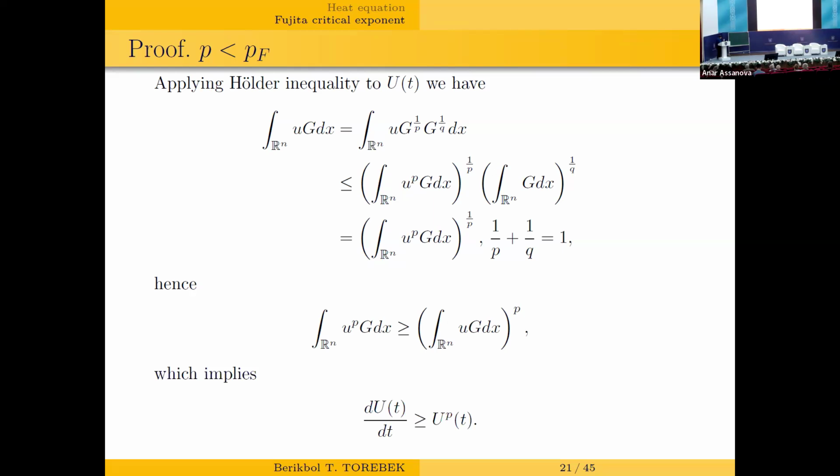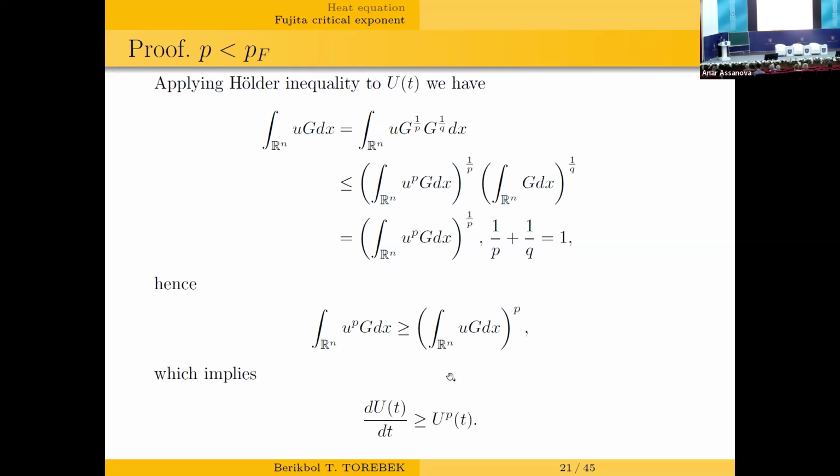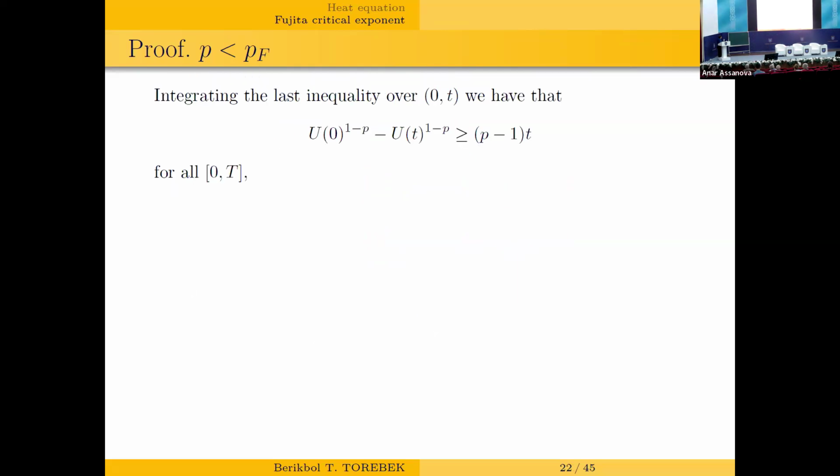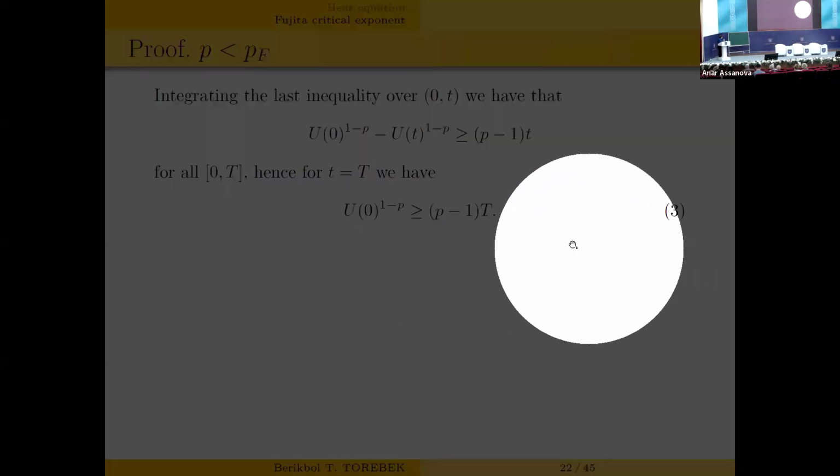Then for capital U, we have this kind of differential inequality. Integrating this last inequality over time from 0 to t, we have this kind of inequality for all t between 0 and capital T. And instead of time, we can put capital T, and then we have this formula 3.